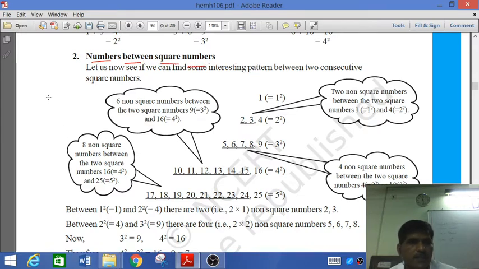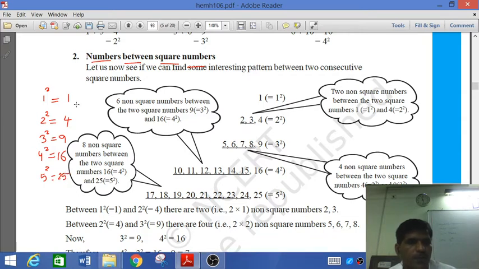So if we discuss, 1 square is 1, 2 square is 4, and 3 square is 9, and 4 square is 16, and 5 square is 25.